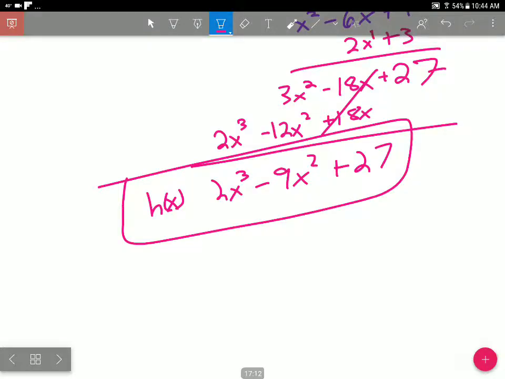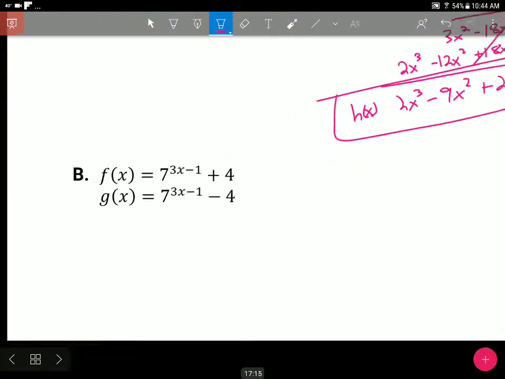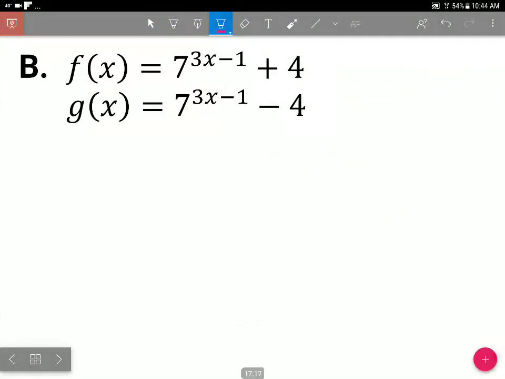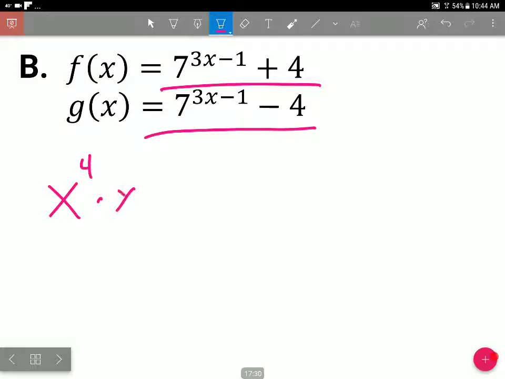All right, one more and we'll stop. So this, again, we're multiplying these two out. Is anybody freaking out about that a little bit? No? Good. Because remember, if we're multiplying bases, let's say I got x to the 4th times x to the 7th. I got the same base, so what do you do to the exponents?